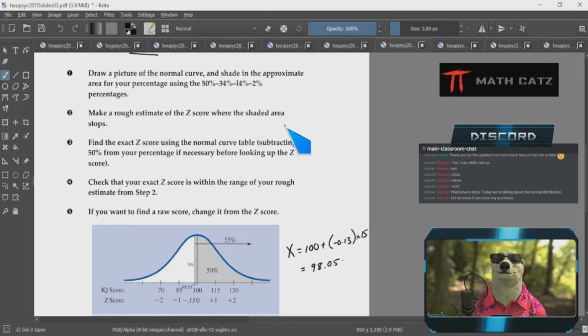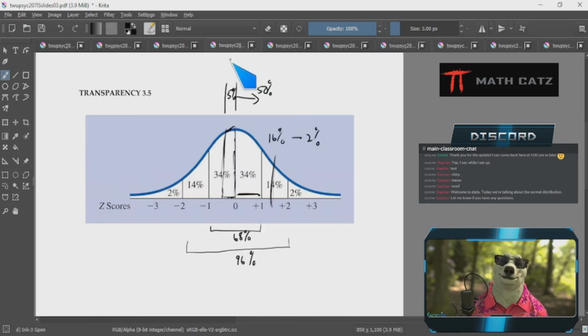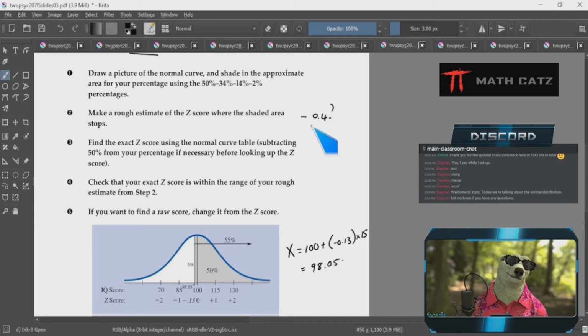What do I think the z-score is going to be? I don't know. Let's say -0.4. Why do I say that? Well, because it's not exactly halfway, right? I only have a little sliver. I'm just totally guessing. I'm not going to be right, but that's okay. It's a guess. And I definitely don't want to go close to -1. That would be 34% over here, and I'm just looking for 5. So I'm guessing -0.4. Don't know.